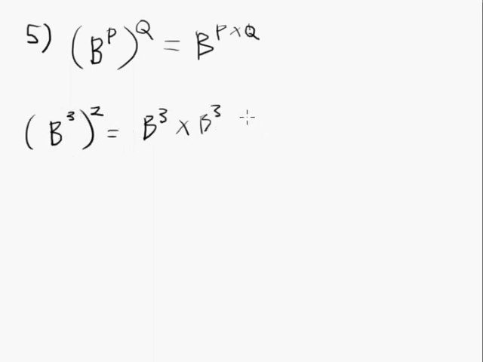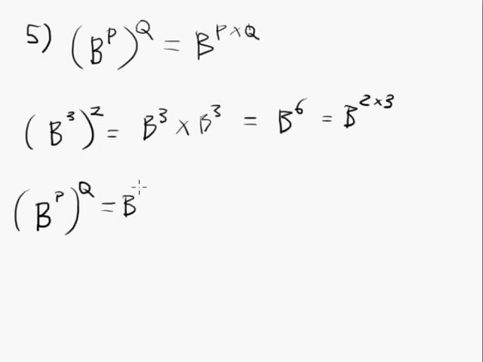We've raised b to the 3 to the power 2 by multiplying it by itself twice, and that's b to the 6, which is definitely b to the 2 times 3. And so in general, b to the power of p to the power of q is b to the power of p times b to the power of p times b to the power of p, and we've got q copies of that b to the power p there.